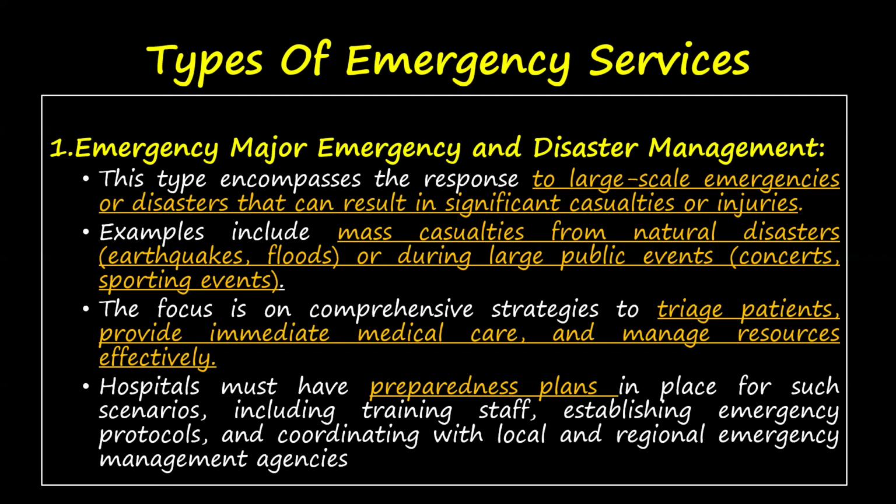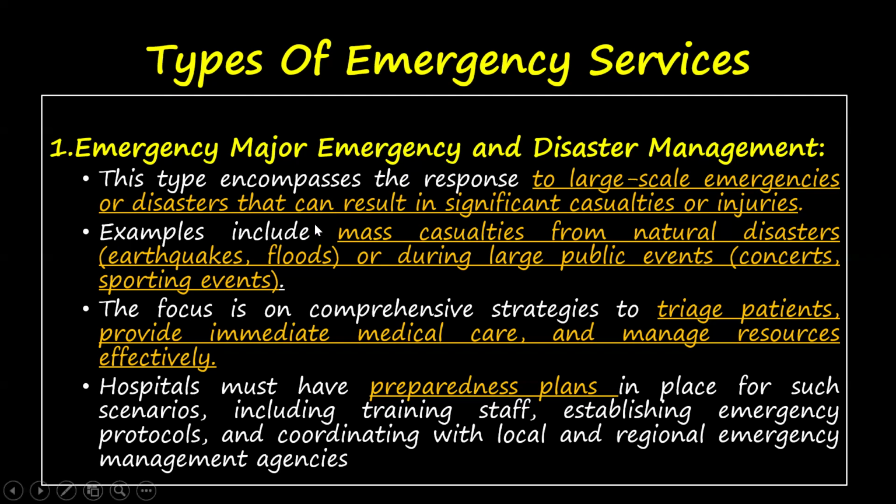Maybe, for example, there is an earthquake in a place. So that is a major emergency. Another major emergency, maybe it has been raining for long and there is flood, so people need to be helped from the flood. That's a major emergency. Then maybe sometimes there is a big fire in a place. That can also be a major emergency.